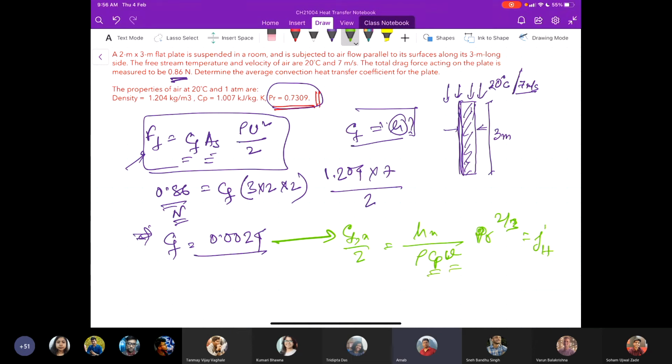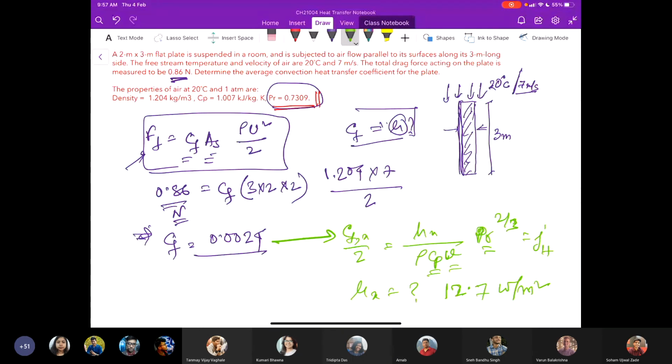Cp is known, V is known, Prandtl number is known. So you calculate the value of Hx. That is it. That value would be around 12.7. Do not forget to write the unit, which is watt per meter square. Any question?